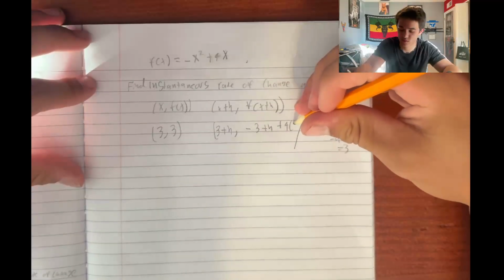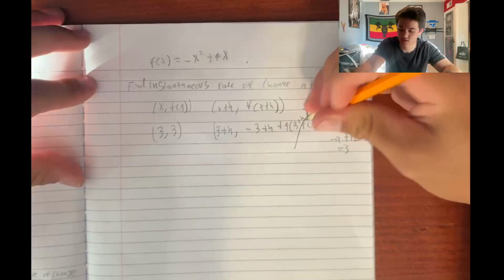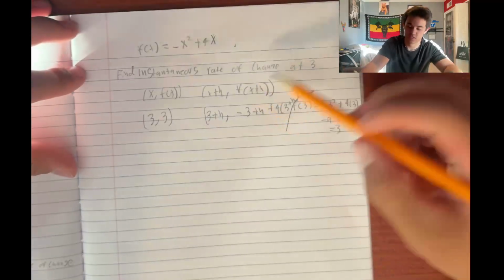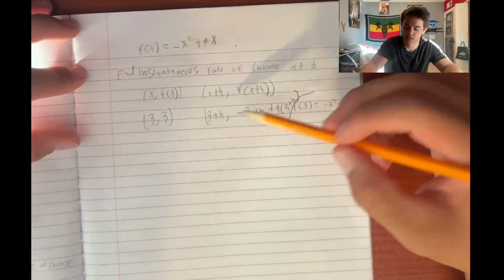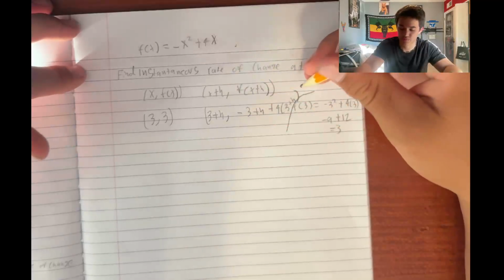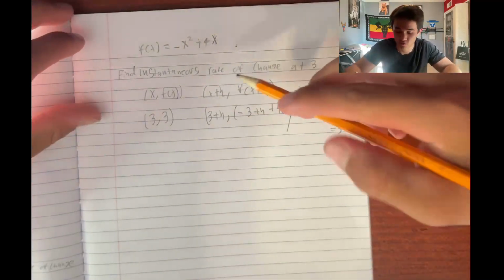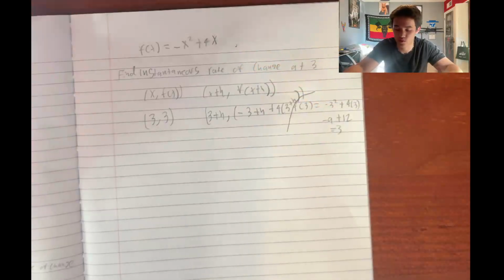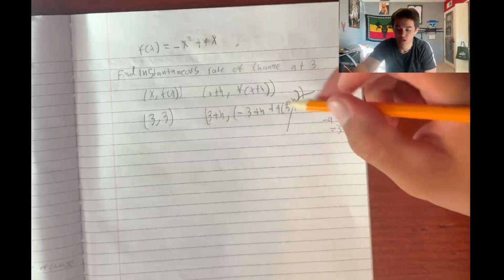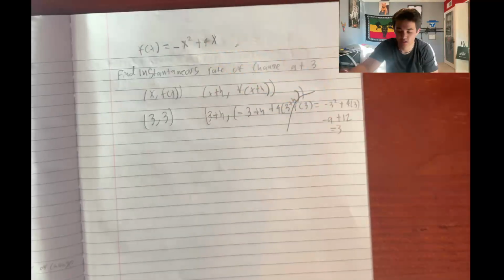So you see what I did there? That's just x plus h. For this one, we can't really simplify it because the h is in there. We just got to write out the whole function, but with 3 plus h as x. So replace x with 3 plus h, and that should be your y value for this one.